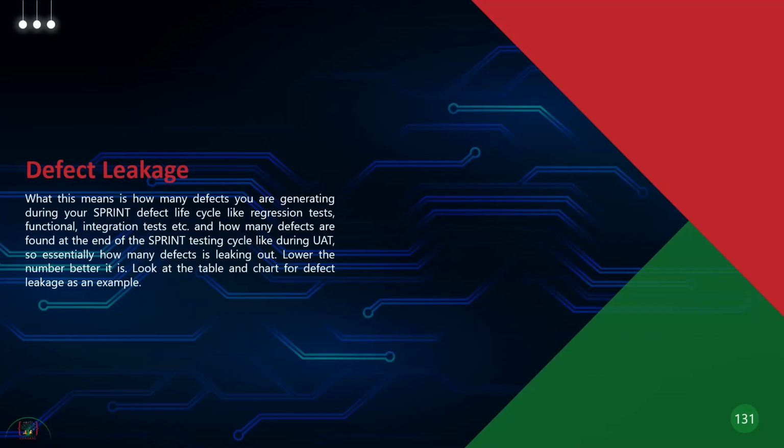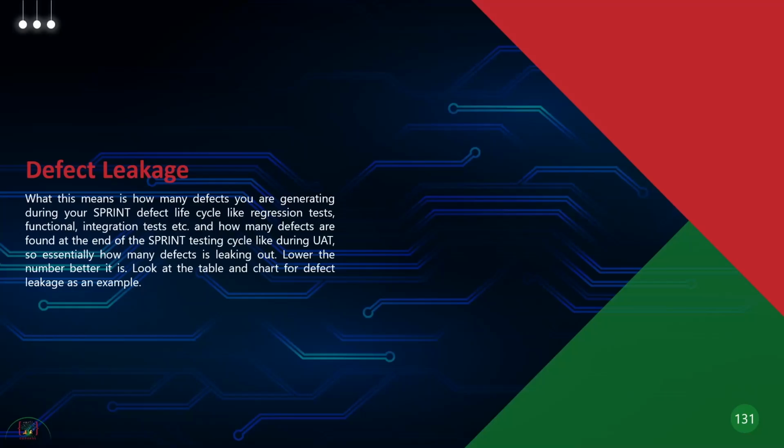All right. Next thing I wanted to talk about was defect leakage. It's a good metric. It shows how many defects you are generating throughout your sprint lifecycle, right? During my sprint lifecycle, I'll have multiple tests, right? I'll have regression, functional, load testing, integration testing.